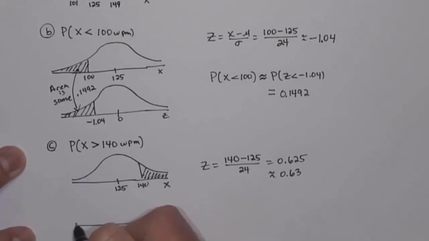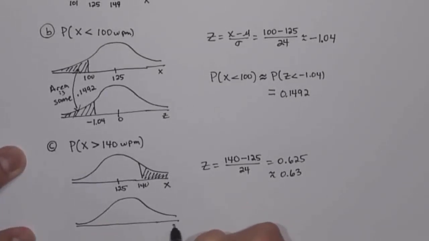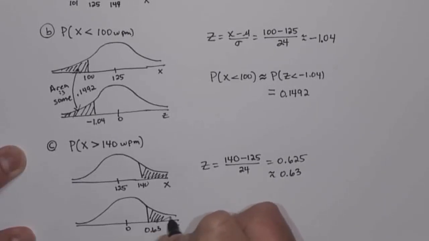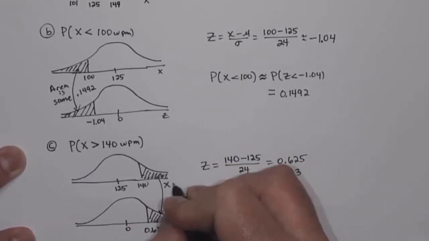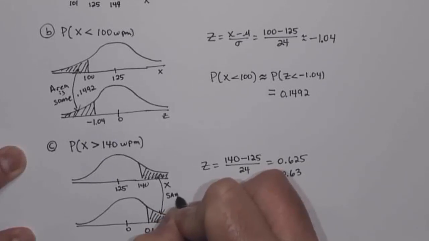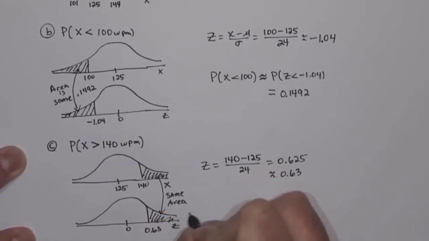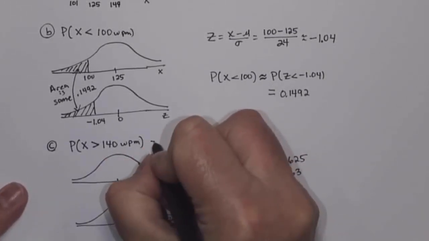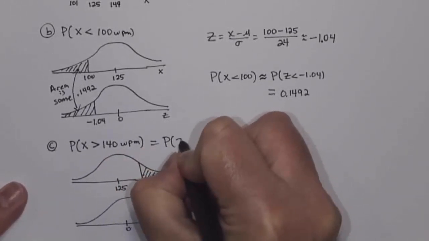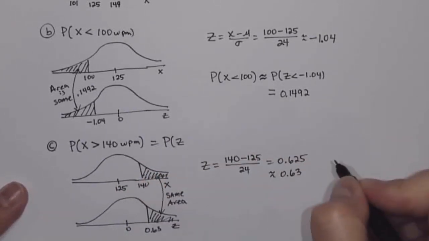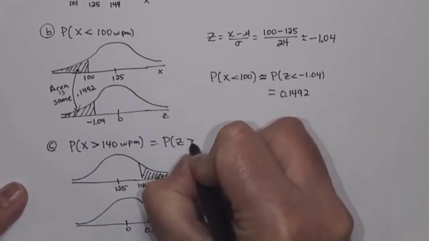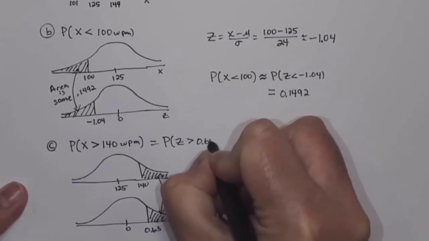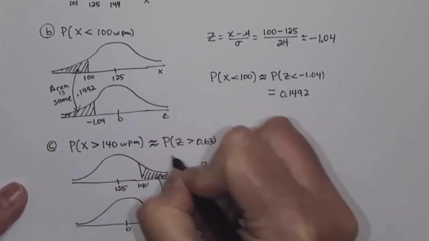So on the standard normal distribution, we're going to find the area to the right of 0.63, and these two areas are about the same. Again, I say about because if we have to round here, they won't be exactly the same. So this probability is approximately the same as the probability of z being greater than 0.63.